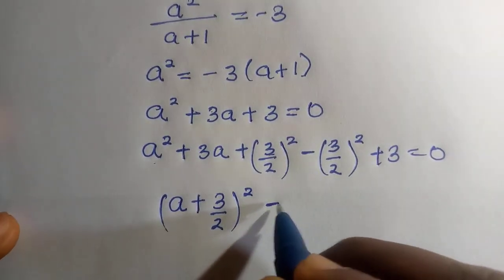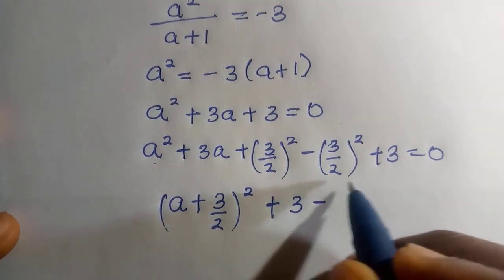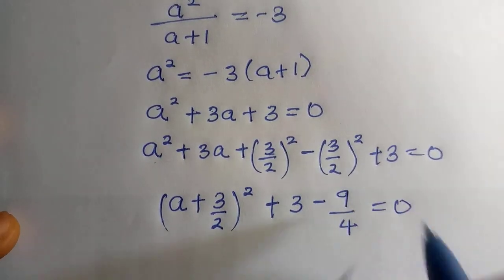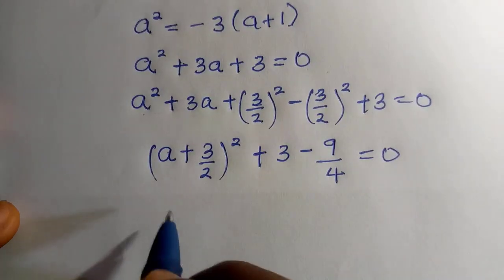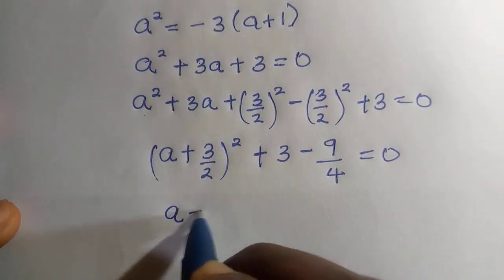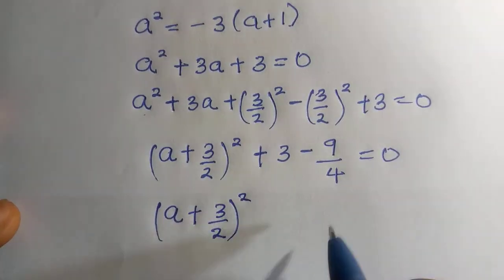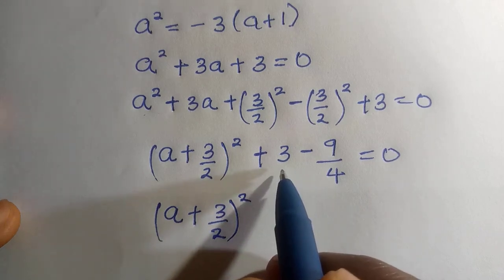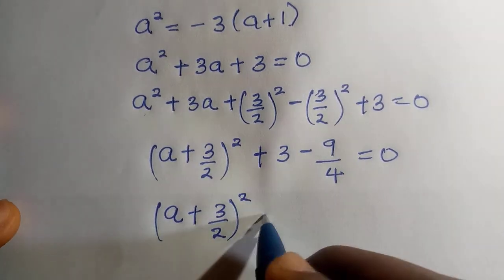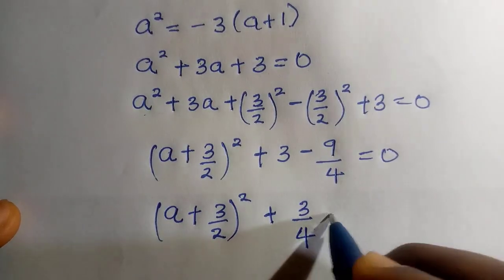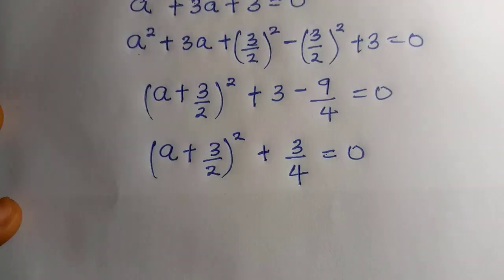Then here is plus 3 minus 3 squared, which is 9, and 2 squared is 4. Everything equals 0. Then we have (a plus 3 divided by 2) raised to power of 2. So 4 multiplied by 3, that is 12. And 12 minus 9, we have this as plus 3 divided by 4 equals 0.